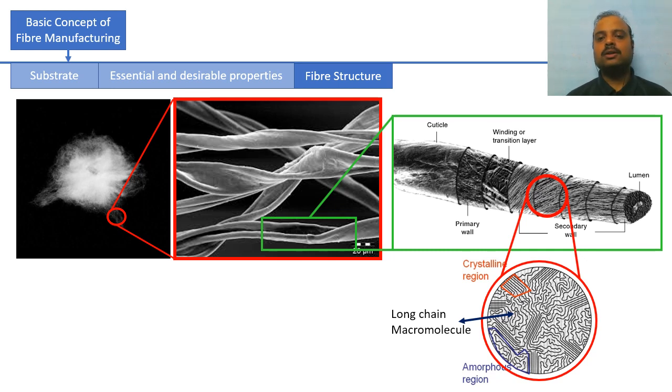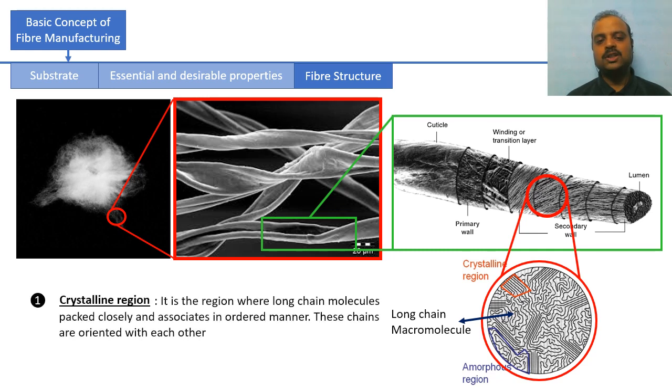So let's look at the definition of crystalline and amorphous region. Crystalline region means the region or the area where long chain molecules are packed closely and associate in an ordered manner. These chains are oriented with each other, and I can show you this is nothing but the crystalline region.